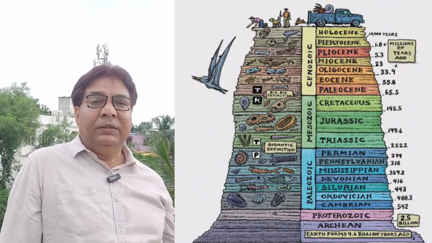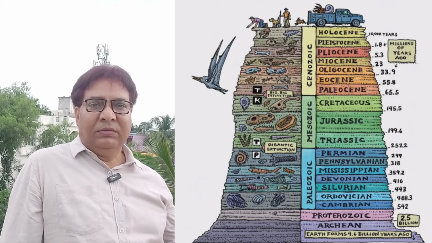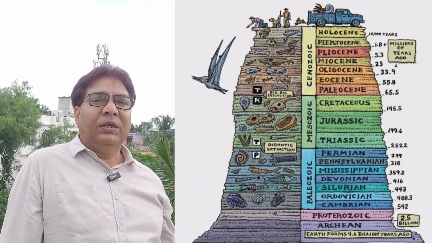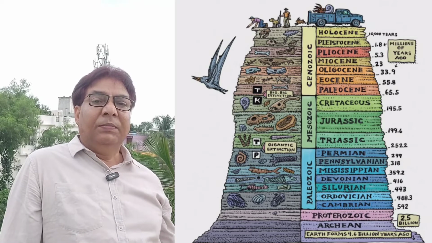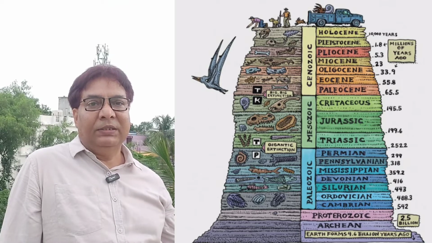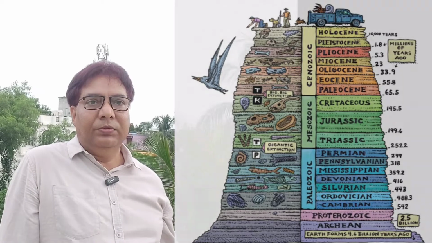That was followed by the reptiles during the Triassic, Jurassic, and Cretaceous periods. And that was followed by the birds and the mammals later on. The primates were at the top of the evolution. The human being was at the top of the evolution.